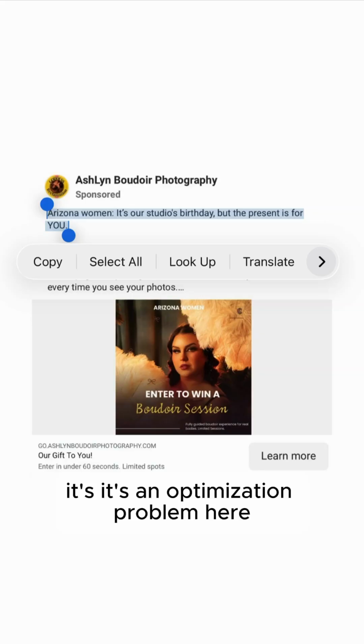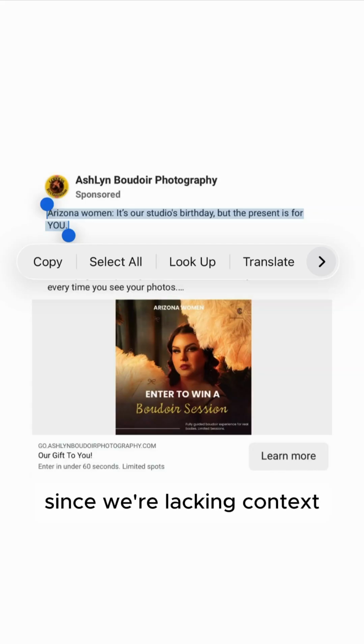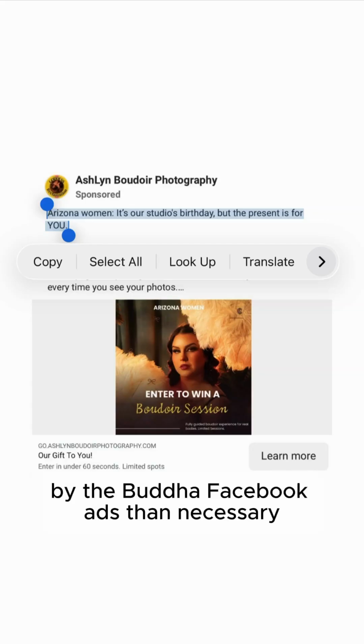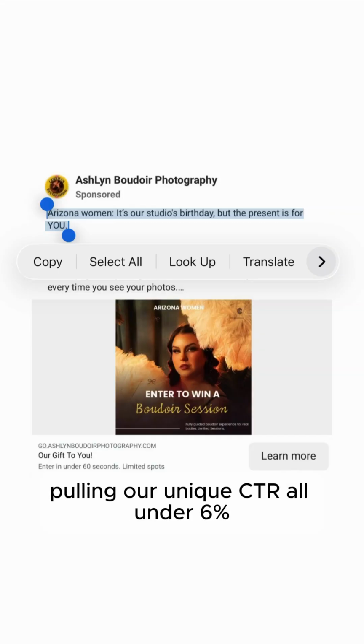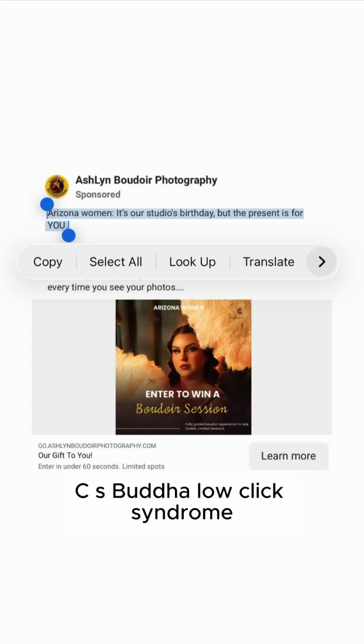It's an optimization problem here. And what actually happens is, since we're lacking context, we're going to have way more women scrolling by our Boudoir Facebook ads than necessary, pulling our unique CTR under 6%, contributing to us having BLCS, Boudoir low click syndrome.